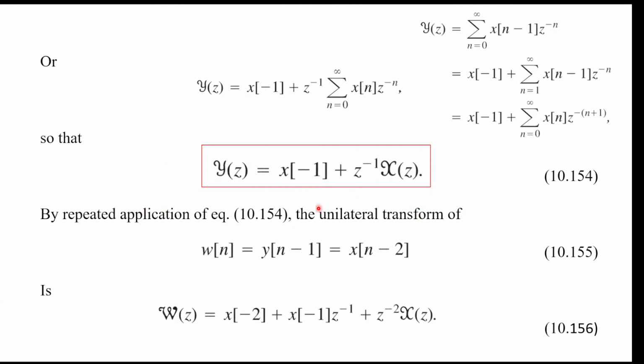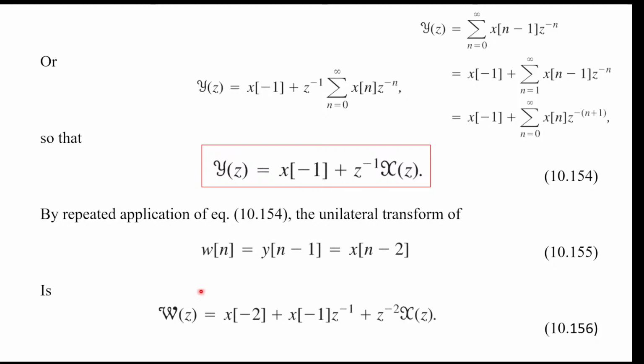And if we want a higher order term, then we need to use this equation twice. So we think about some w of n equal to y of n minus 1, which is equal to x of n minus 2.